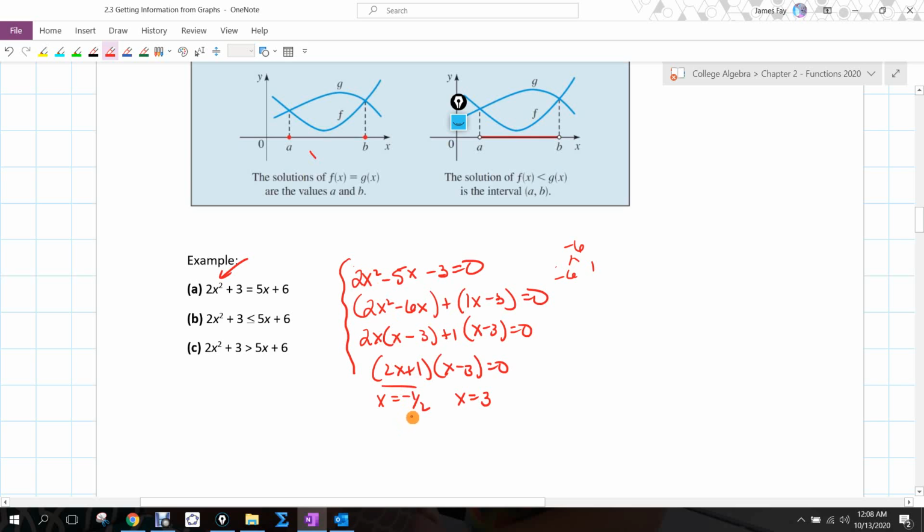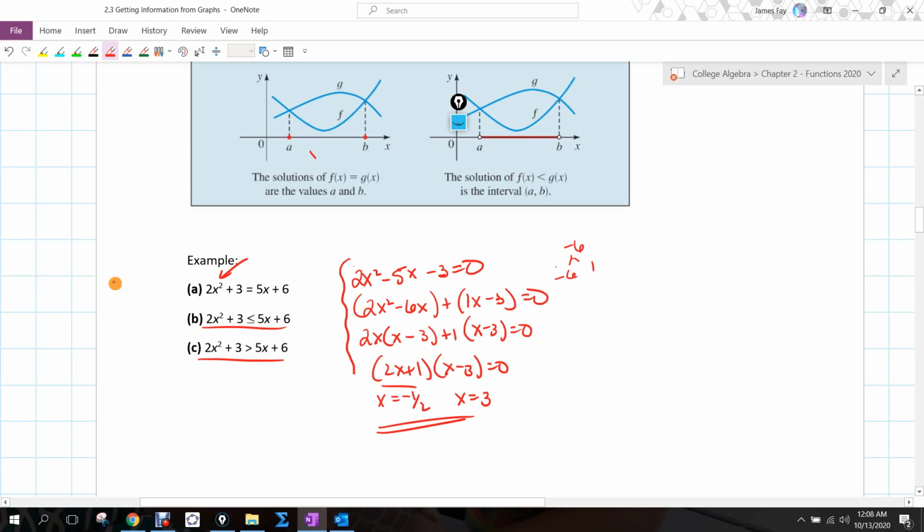concepts. So if this is where they're equal, then we must know where they're unequal. Really, all I'm going to do is determine where this is true. So I've got my number line right now.